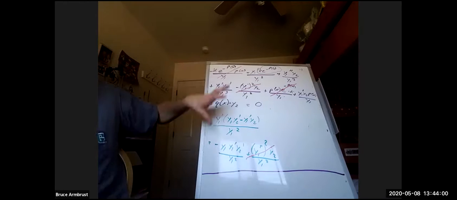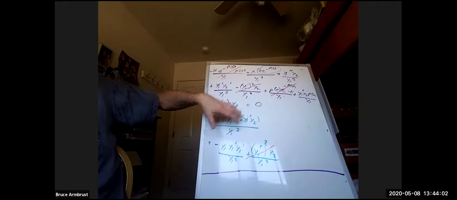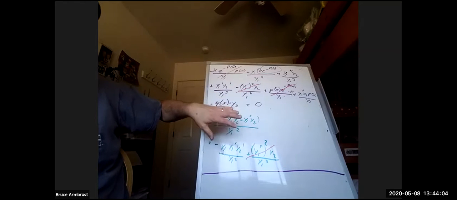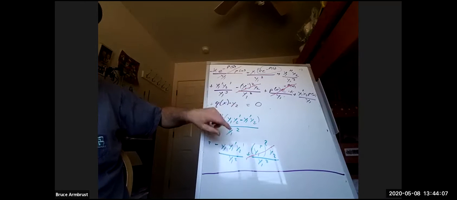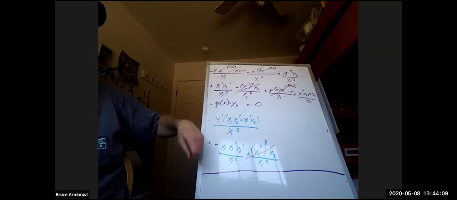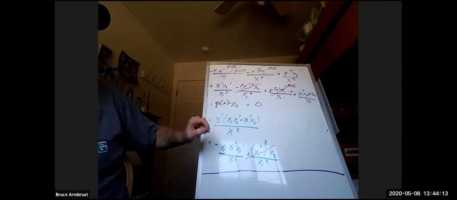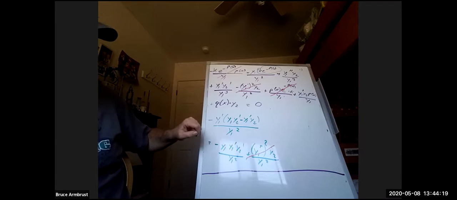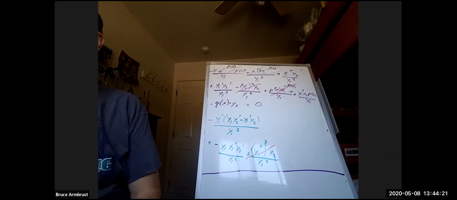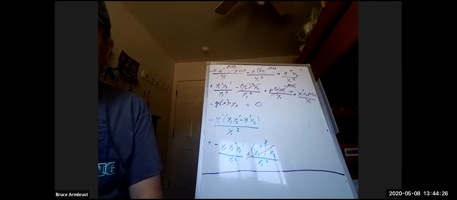But basically what's going to happen as we continue, stuff's going to cancel out, and then we're going to be left with a y2 double prime plus y2 prime times p of x plus y2 times q of x. And all of that is going to end up equaling 0, which was what we were trying to show.